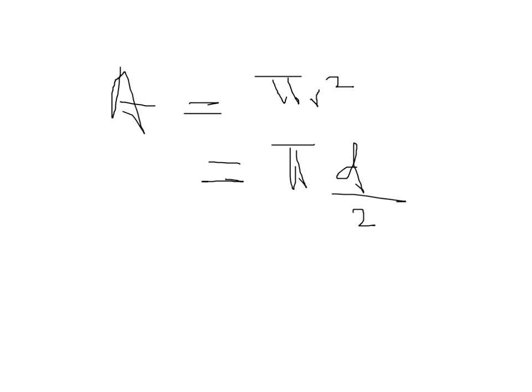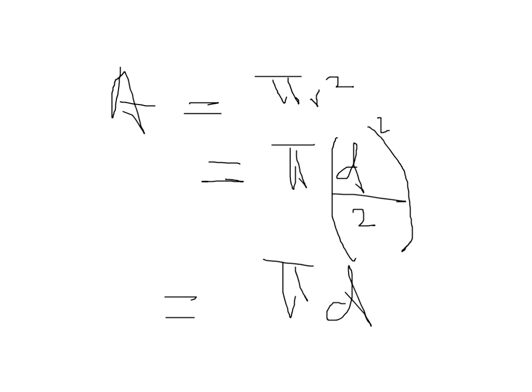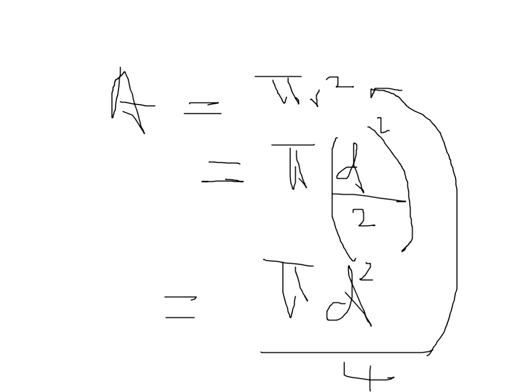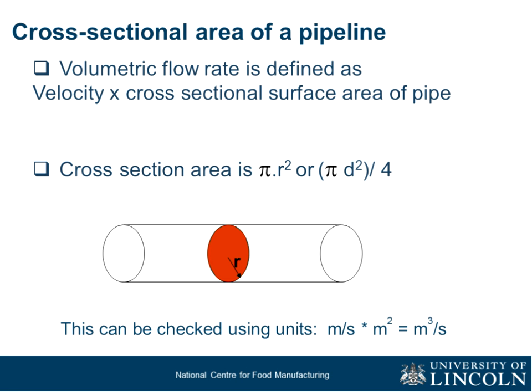On top of that you have your square. So this now equals pi d square all over 2 square, which is 4. So you can see this and this, they are the same thing. So I think that's clear. All right.